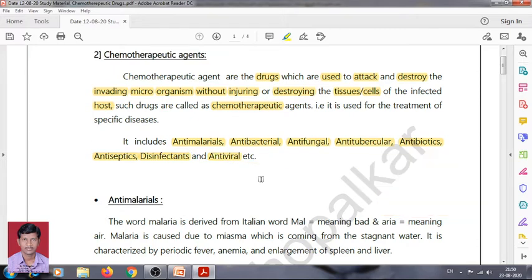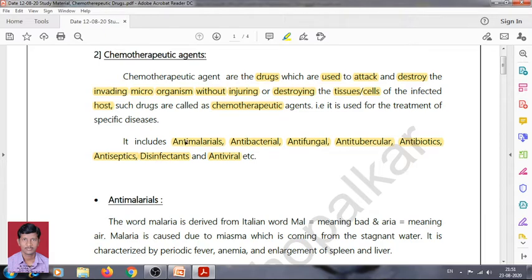All these are chemotherapeutic agents because the function of all these drugs is the same. They can attack and destroy the invading microorganism without injuring or destroying the infected tissues and cells of the host.